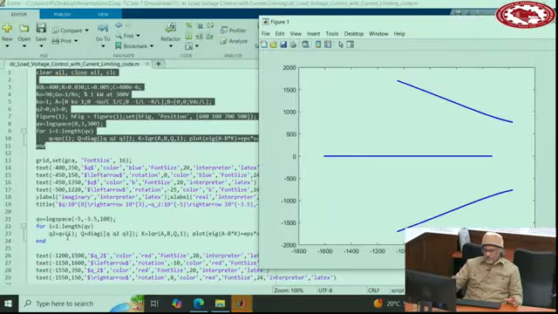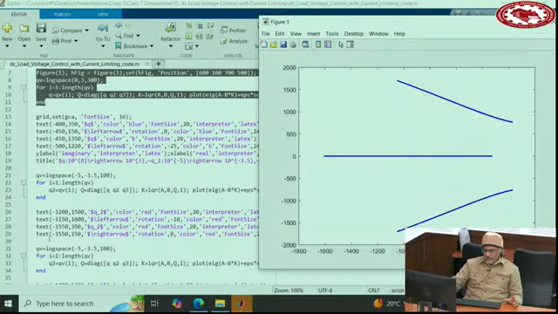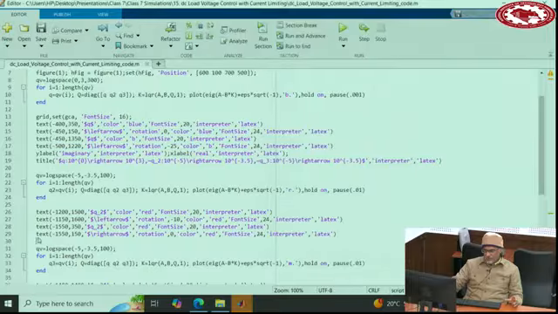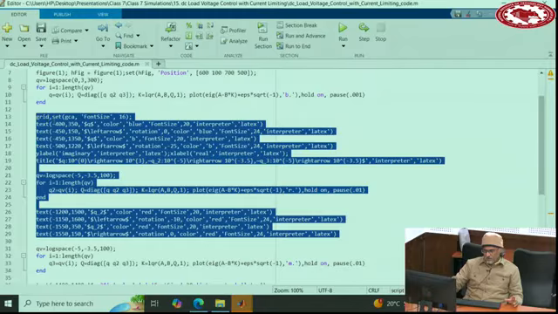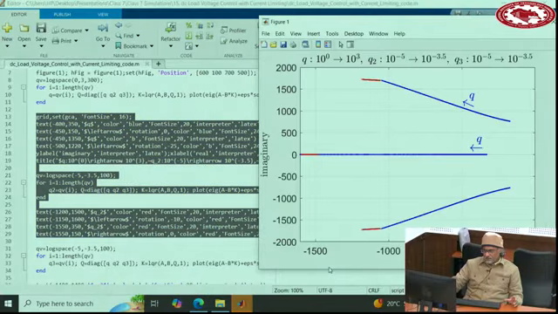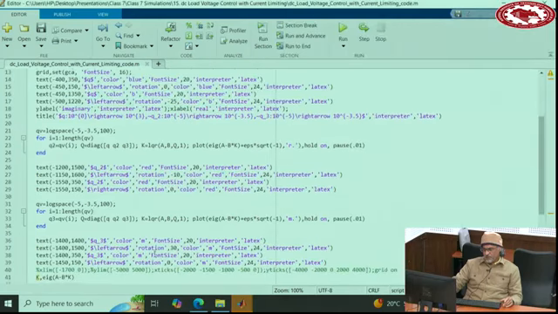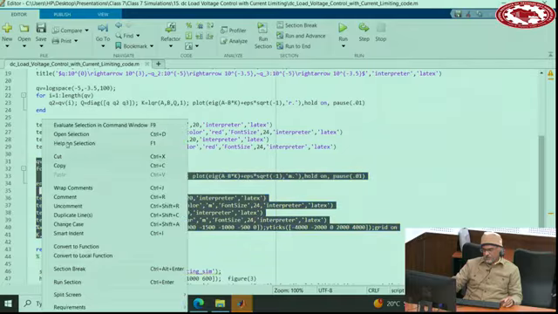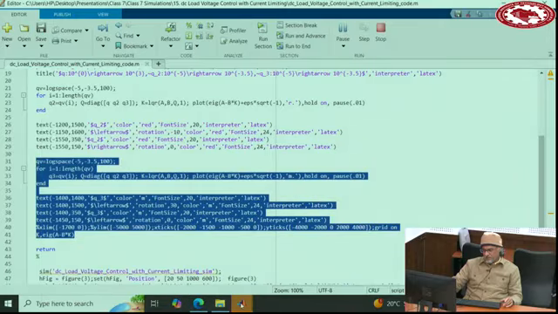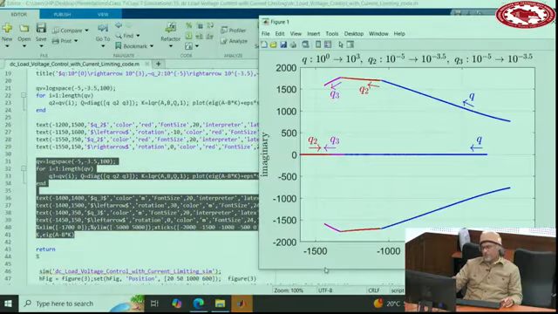And then let me run the other part. This is when you increase Q2, and then finally when you increase Q3.